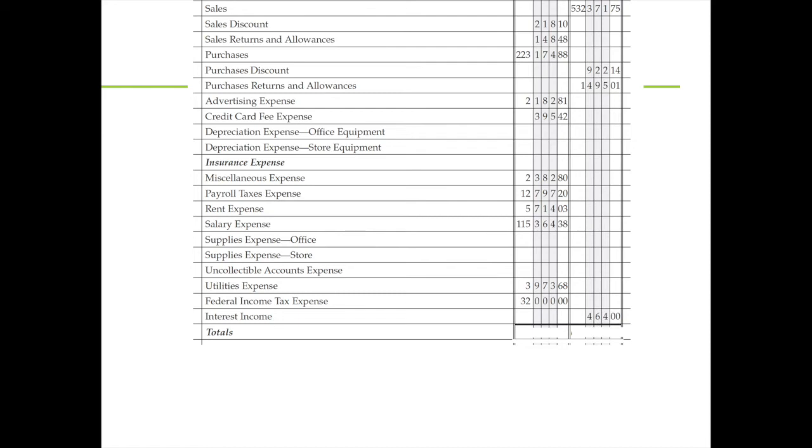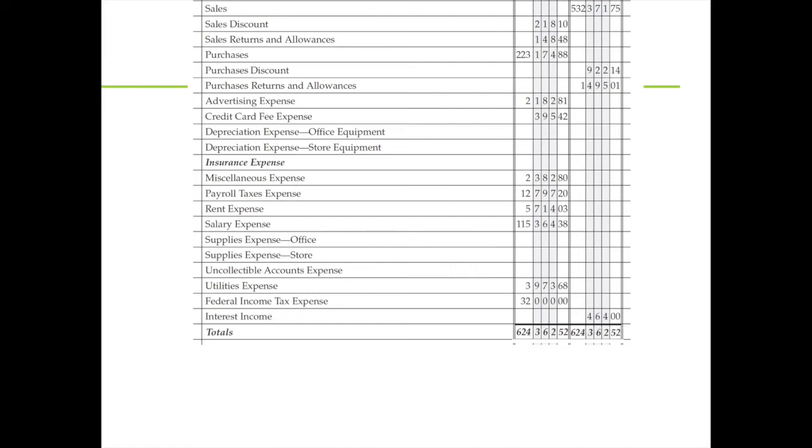You will add up the debit column, so you'd add up all the numbers from page 427 in the debit column and all of the numbers on page 428 of the debit column, and you'd come up with $624,362.52.